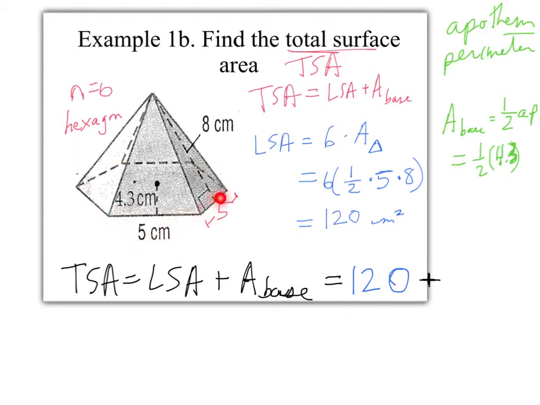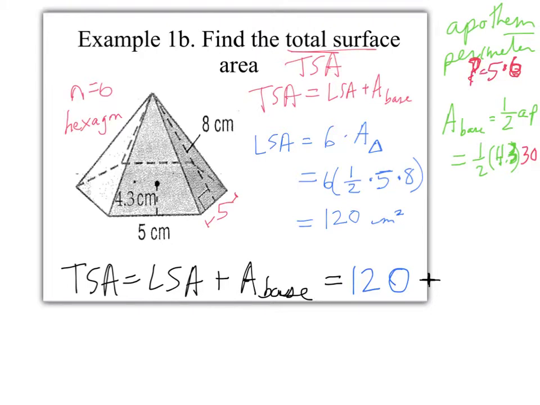If each side is 5, and there are 1, 2, 3, 4, 5, 6 sides, I believe the perimeter would be 30. And I did that by doing 5 times 6. So the perimeter is 5 times 6, 30.